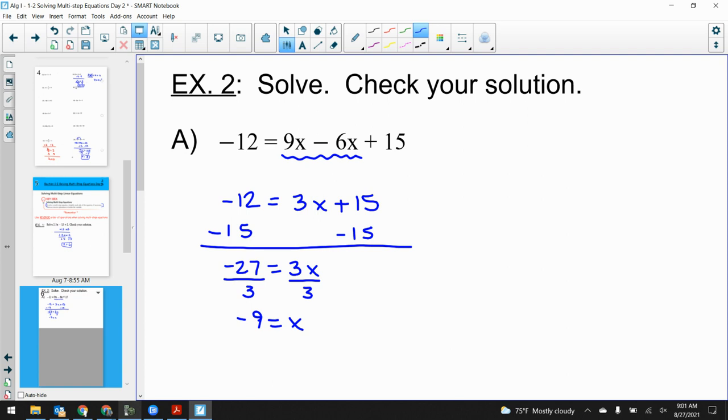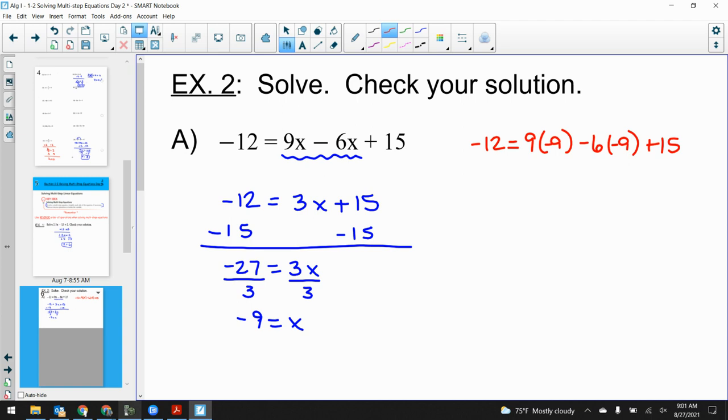Now, can I still check my answer the same way? Yes. Even if there's 2 x values, you can still check your answer. Negative 12 is equal to 9 times x, which is negative 9, minus 6 times x, which is negative 9. We just plug in negative 9 in both spots. You take negative 9 and you plug it in both places.